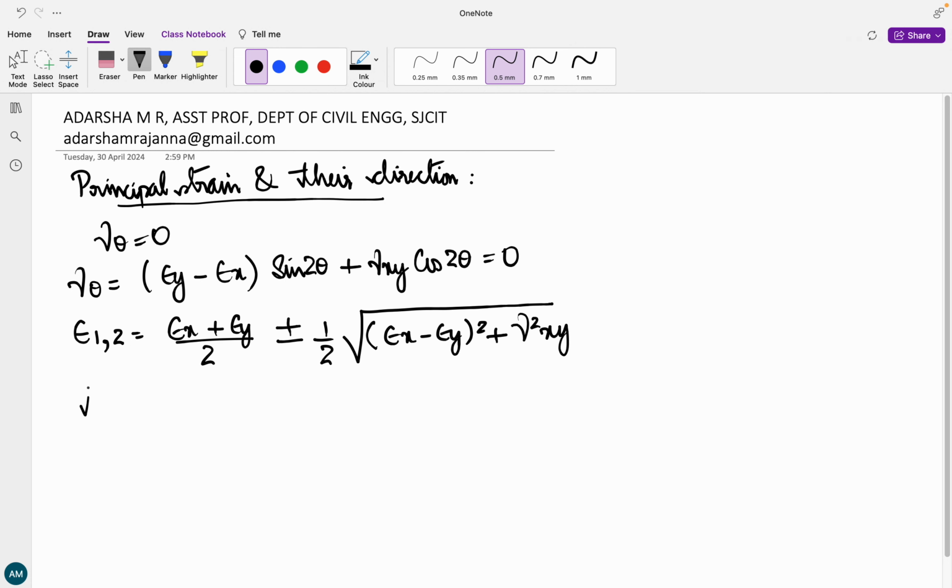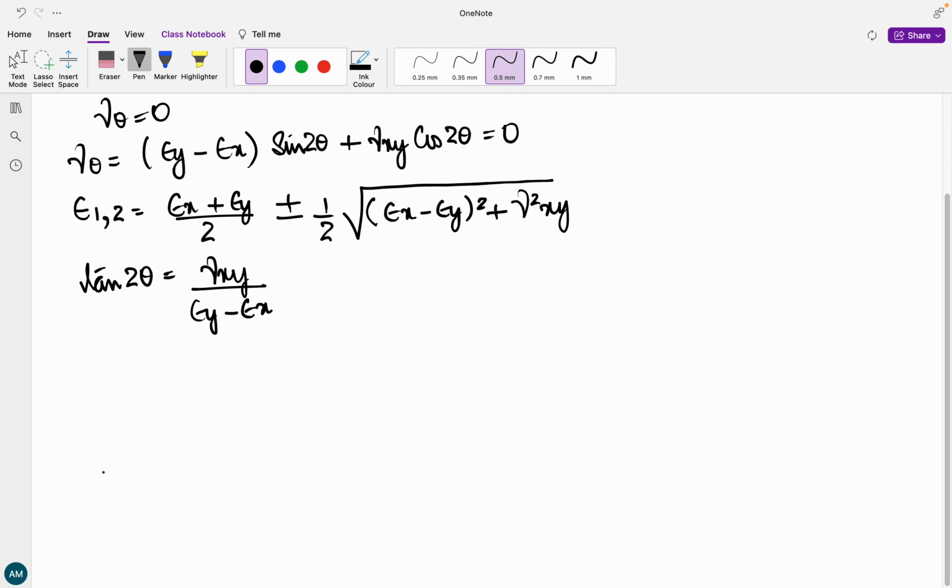And how are we going to find the angle? Tan 2 theta is gamma xy divided by (epsilon y minus epsilon x). So the two values of theta differ by 90 degrees.